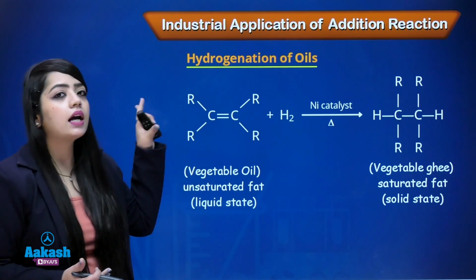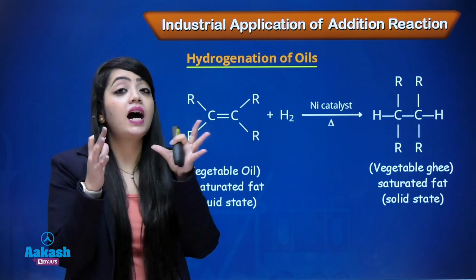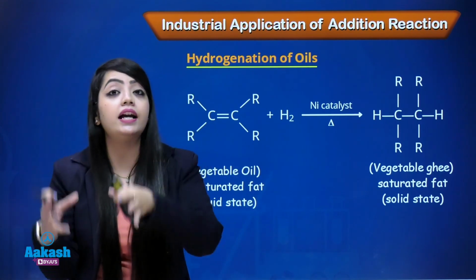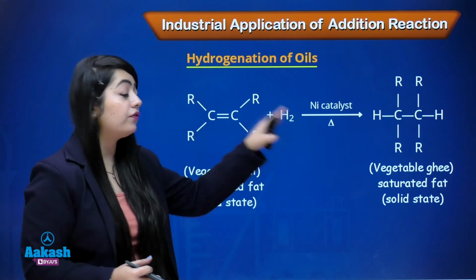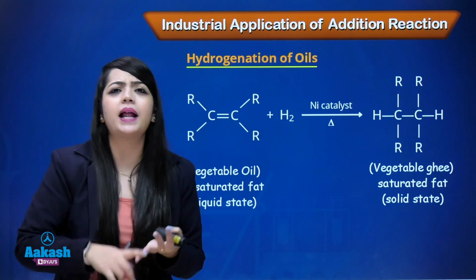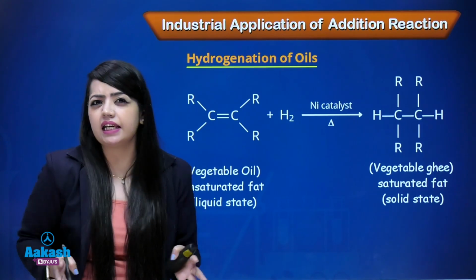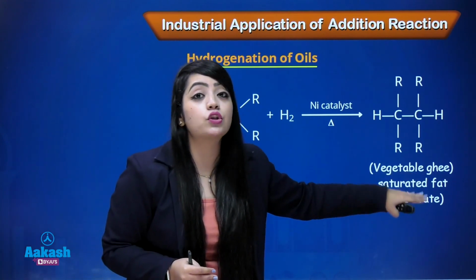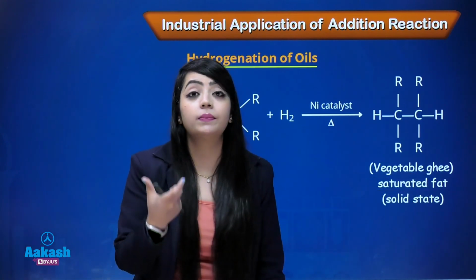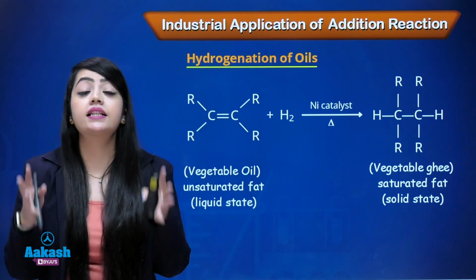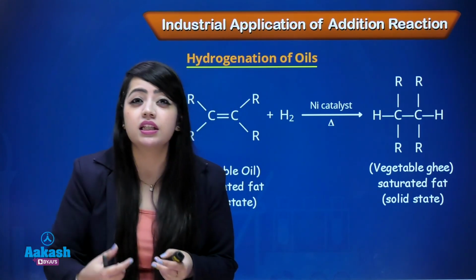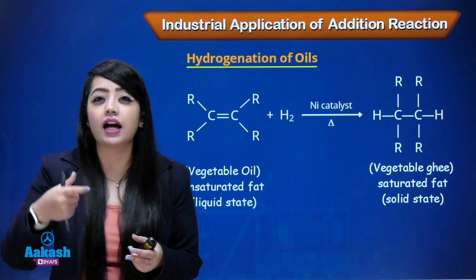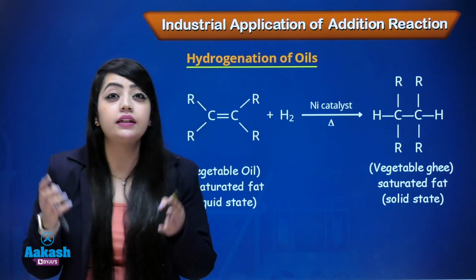और जब हम इस unsaturated compound में हाइड्रोजन add करेंगे, we will do hydrogenation in the presence of nickel or in the presence of platinum or palladium, and we will heat this. What we are going to get? We are going to get a saturated compound which is vegetable ghee, जो कि हम देखते हैं it gets solidified, right students? जब हम गोलगप्पे खाते हैं, we can see that the vendor is using dalda, right?